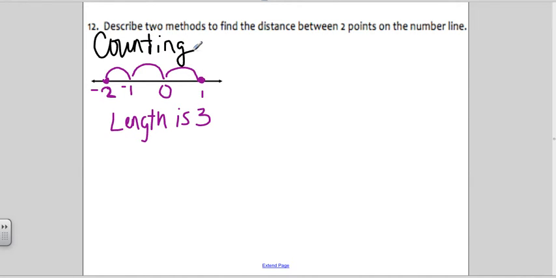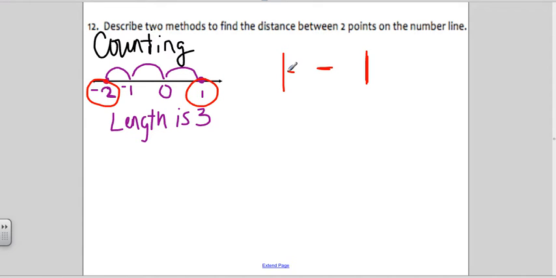Now, my other method is a little different. What if the numbers aren't so nice? Or we could still use it with the nice numbers actually. Remember, we have the absolute value of the difference. That means taking the absolute value of subtracting the coordinates. So I had the two coordinates here that I was counting between, -2 and +1.